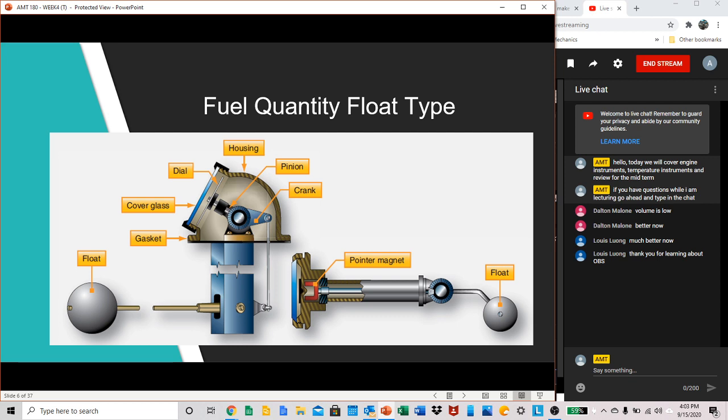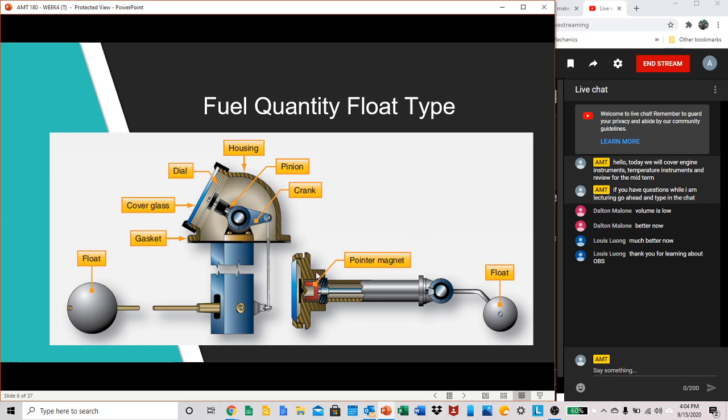This is an image out of your AMT handbook, the 8083. It gives you an idea of what the float tank device and indicator look like and a little bit about how they operate. So you have a side view right here.